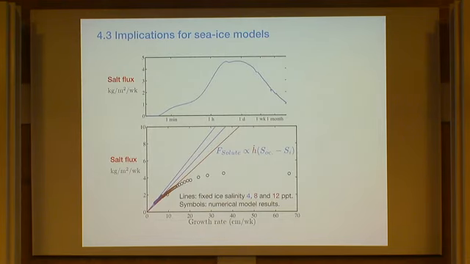So the quantity the oceanographers want to know is the salt flux that you get out of sea ice. If you're doing what they do at the moment, you find that the salt flux is proportional to the growth rate times the difference between the ocean salinity and the ice salinity. This is essentially a constant, prescribed by the model. So the salt flux should be linearly related to the growth rate.